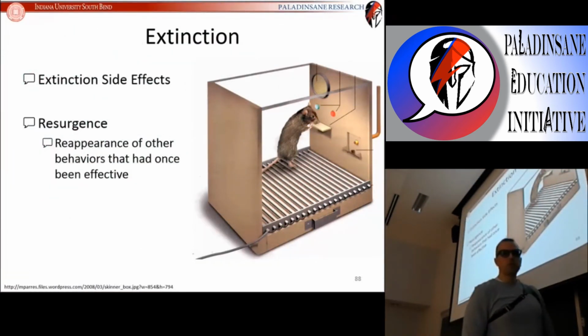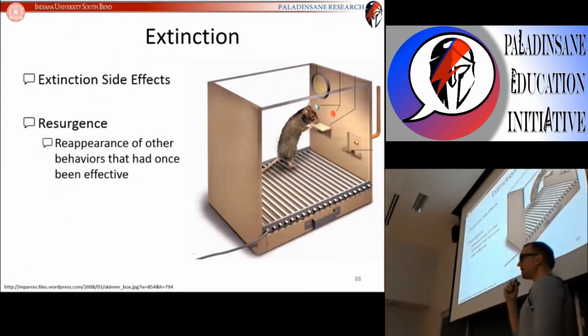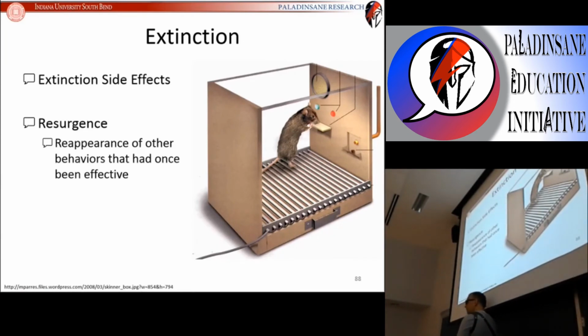All right, resurgence. We didn't see too much of resurgence. So resurgence would have been if Harry started doing behaviors that had previously once been effective. So I don't know if maybe the yelling was a resurgence. Maybe he used to get his way when he was yelling more. I don't know if other behaviors other than self-abuse might have been a resurgence.